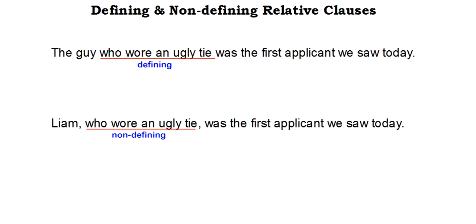A very important thing to note about a non-defining clause are those two little commas there. Note that the non-defining clause is offset from the rest of the sentence by two commas, or by one comma if it appears at the end. You can hear this in the way that a person says it as well. There's a little pause there. Liam, who wore an ugly tie, was the first applicant we saw today.